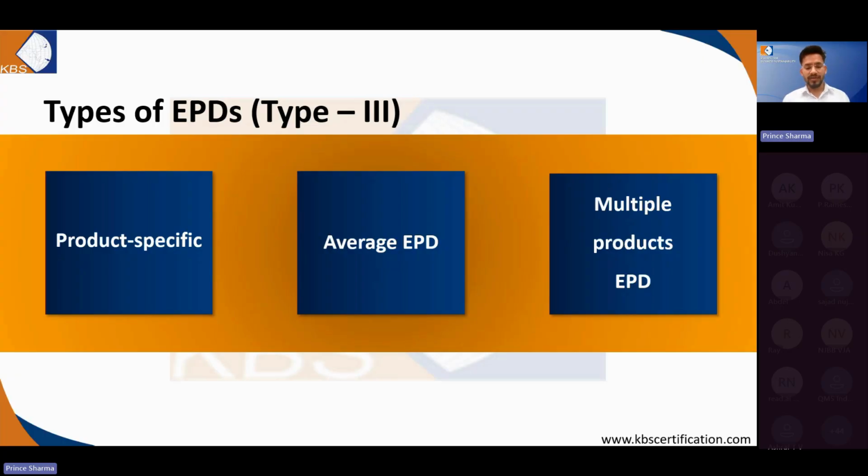In that, what you will be doing, you will be taking some like four or five products that you are having, since the process is always same. All the things like transportation and raw material procurement are always same. So what you will be doing, taking all those products and trying to get a correlation between them, which we call in life cycle assessment the functional unit, and we try to correlate with the impact.